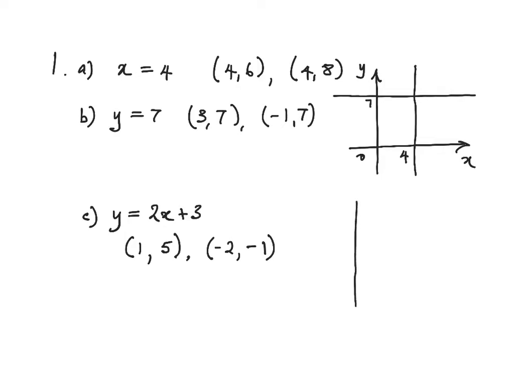If I draw a new coordinate grid, 1 along 5 up. Now you have the advantage over me, you have squared paper to use, but I know that the line will look something like that. That would be the point 1 along 5 up, and this will be the point minus 2, minus 1.